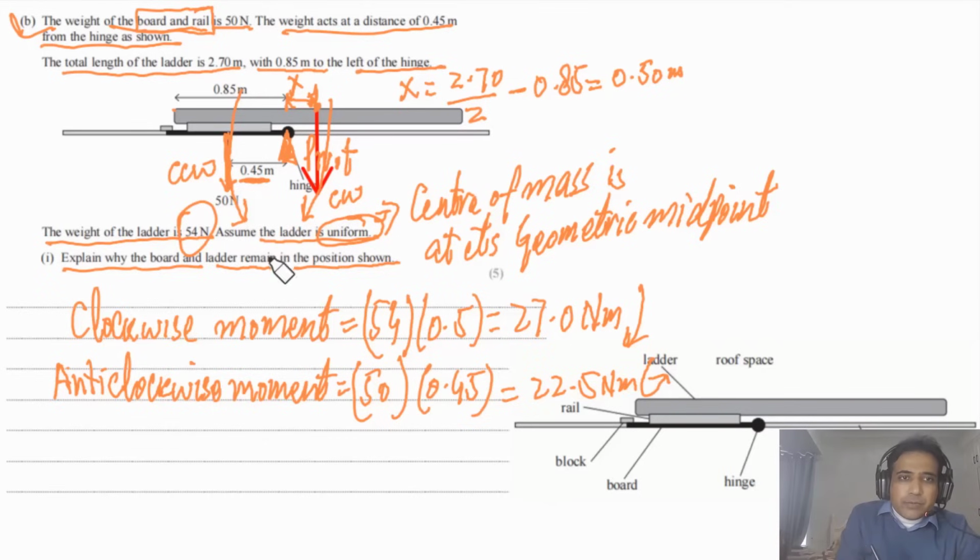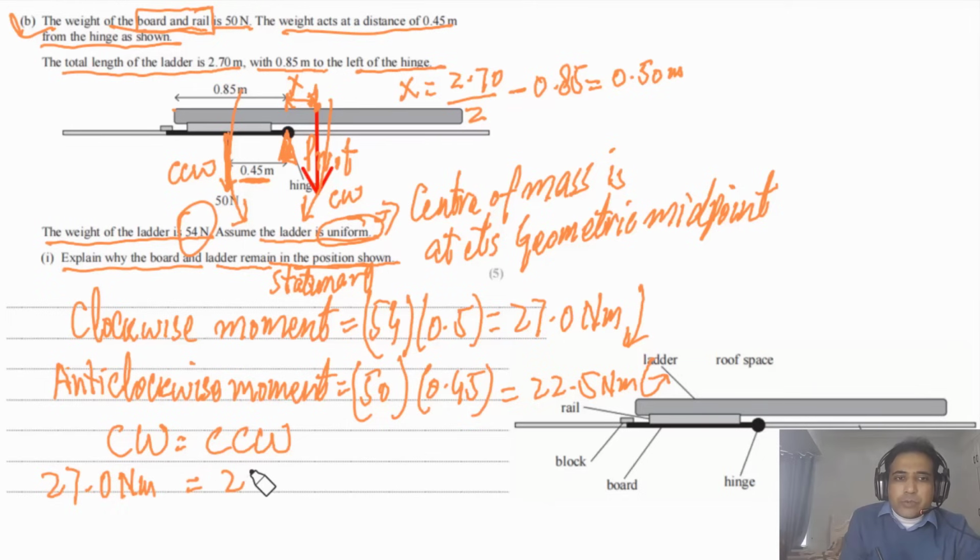For this question, it is given to us that the ladder remains in position. It means this one is stationary. You can also say this is in equilibrium. It means the clockwise moment has to be equal to the counterclockwise moment. The clockwise moment we have is 27.0 newton meters, and the counterclockwise moment we have is 22.5 newton meters, and this one is less.